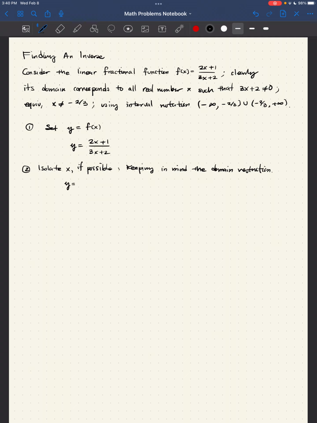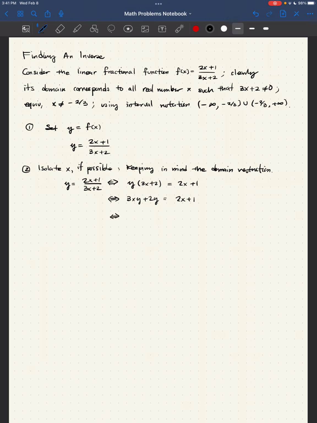We would say that y is 2x plus 1 divided by 3x plus 2. And then based on this observation, we may write y times 3x plus 2, and this in turn would be 2x plus 1. From here, this is the same as 3xy plus 2y equal to 2x plus 1.